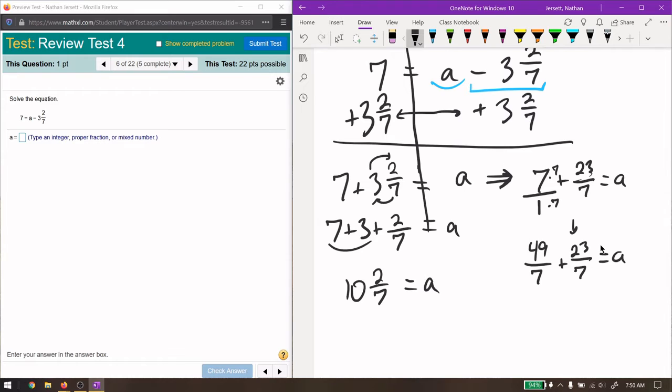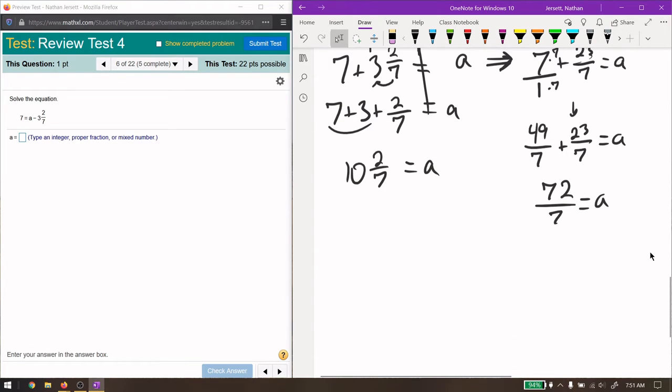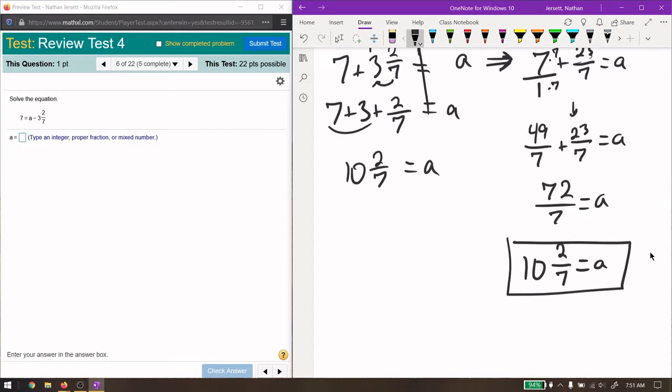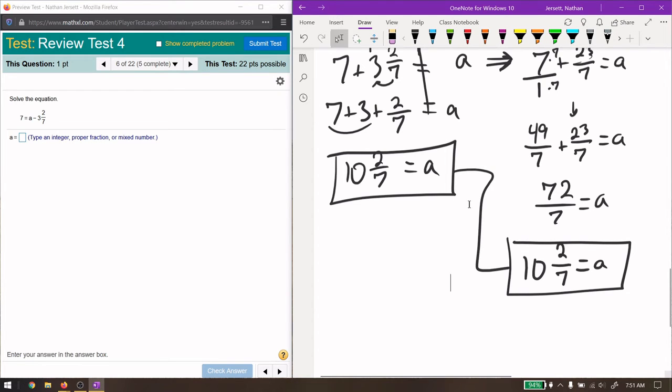And 49 plus 23 is going to be, see, 49 plus 3 is 52, plus 20 is 72 over 7. And now we ask the question, how many times can 7 go into 72? It can go in there 10 times. 7 times 10 is 70. And there's 2 left over, right? You always keep the same denominator, which is 2/7. That's what we found before. So I've just shown you that they're the same.